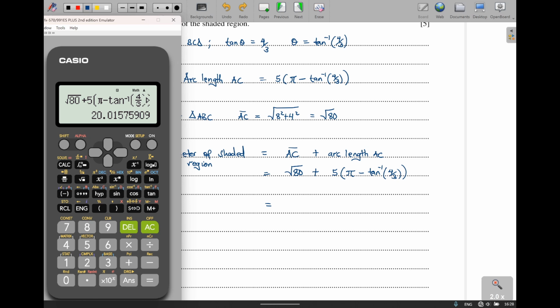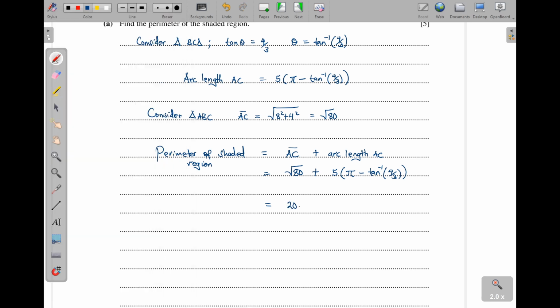Then this one gives us 20.01575909. So to 3 significant figures, this one comes to 20.0 centimeters.